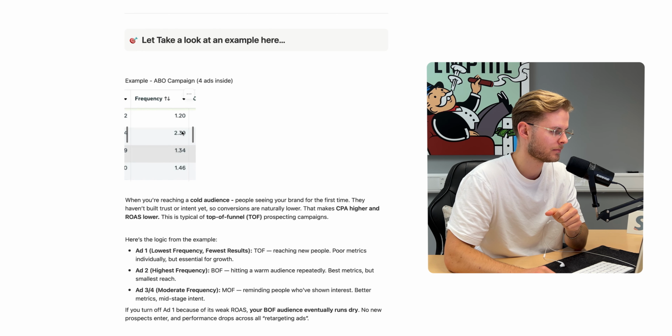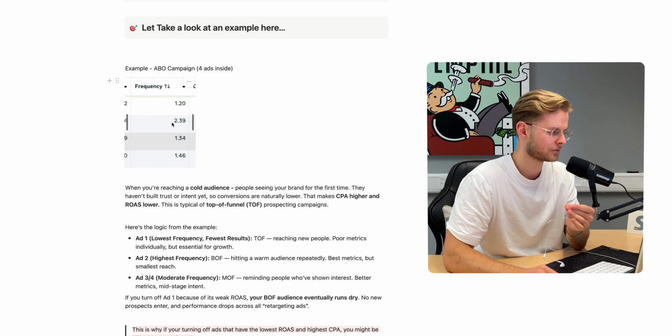And the one below, we've got a 2.39. That means this is the highest frequency, and it's hitting more people in your audience who have already seen your ad before. So what we can understand from looking at these ads is that this one is probably at top of funnel, and this one is maybe being used more for bottom of funnel, retargeting these users.